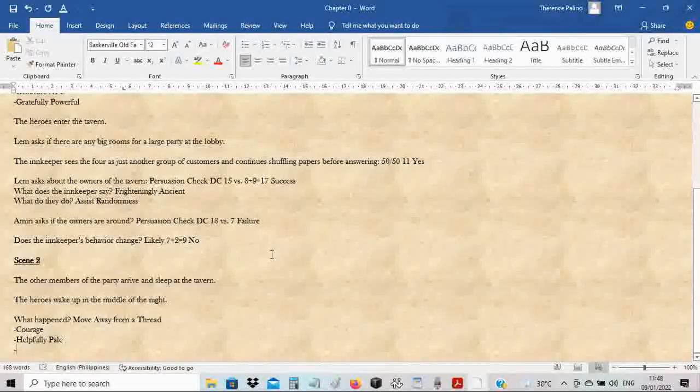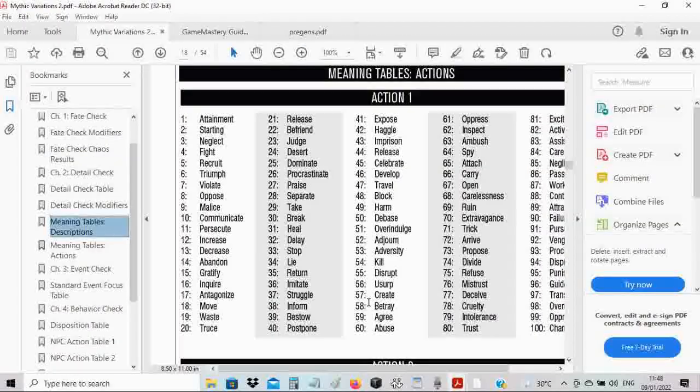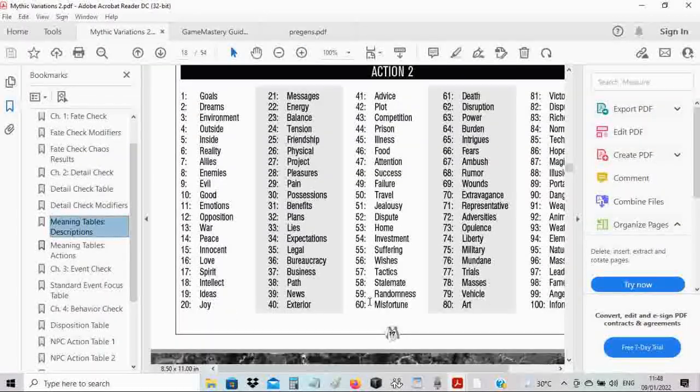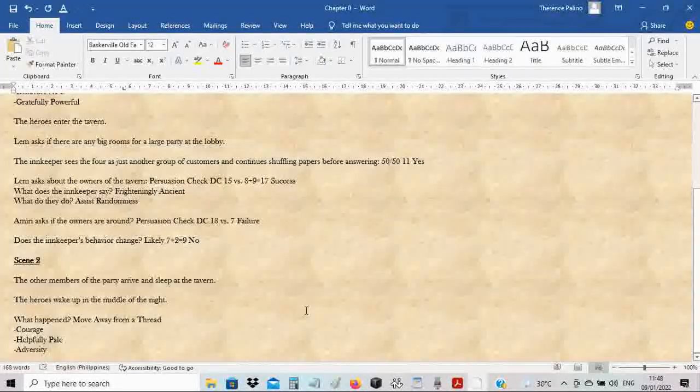Adversity. 85. Adversity technology. We might have to use the technology guide.